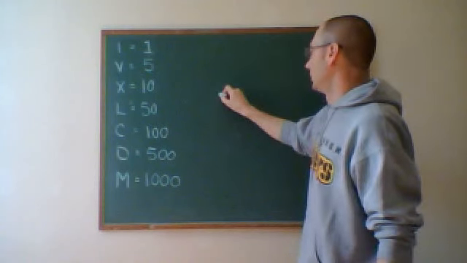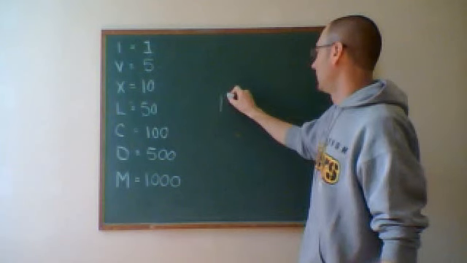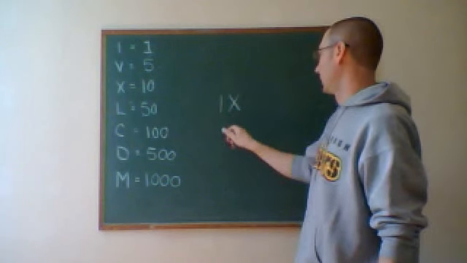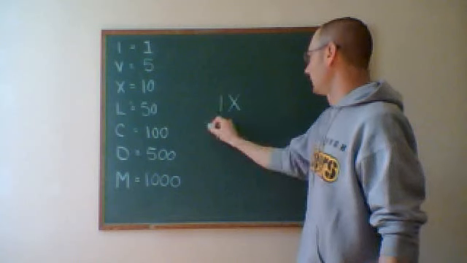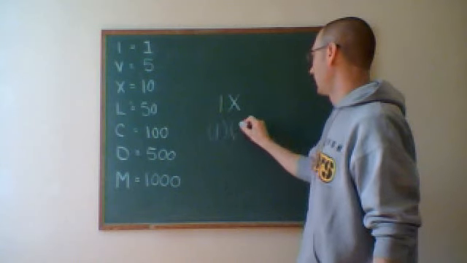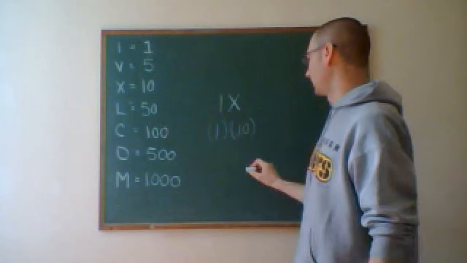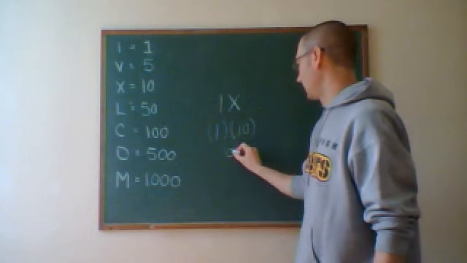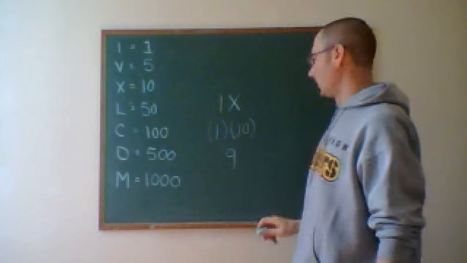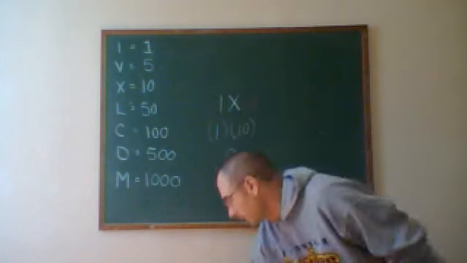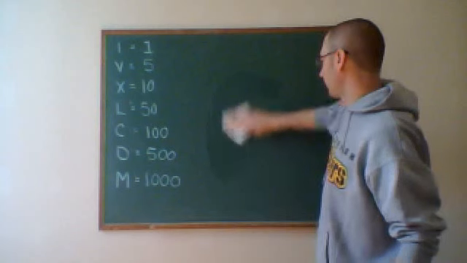So let's use an I and an X. This gives us a value of 1 preceding a value of 10, telling us that we must subtract, giving us a value of 9. That's one rule that we must know.